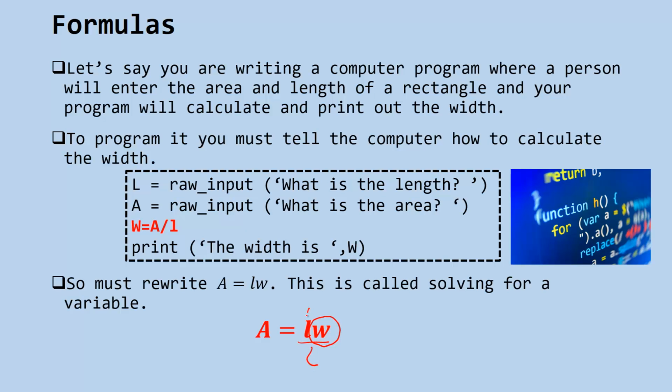Because again, our process is to get 1W. So by dividing this side by L, I'm going to get W, or 1W. But I did it to the right, so by algebraic properties of equality, I must do it to the left. So I'm left with A divided by L. So to calculate the width, I simply have to take the area of the rectangle and divide it by the length of the rectangle to get the width.